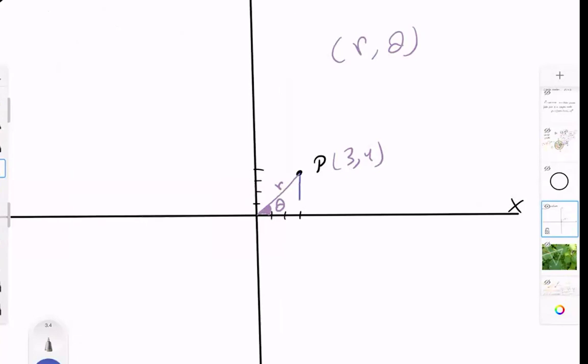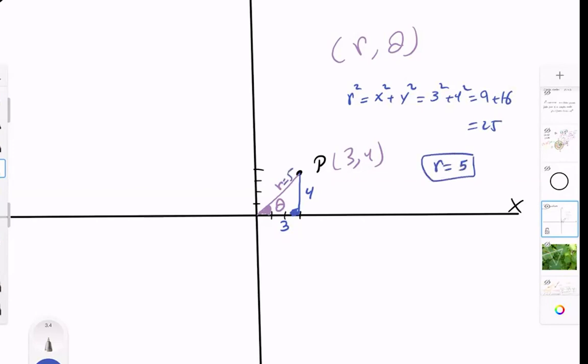Through the Pythagorean theorem. This is 4, that's 3, correct? What is r? r squared equals x squared plus y squared, equals 3 squared plus 4 squared, equals 9 plus 16, equals 25. So r equals 5, and we have 5, comma, how do I get theta?